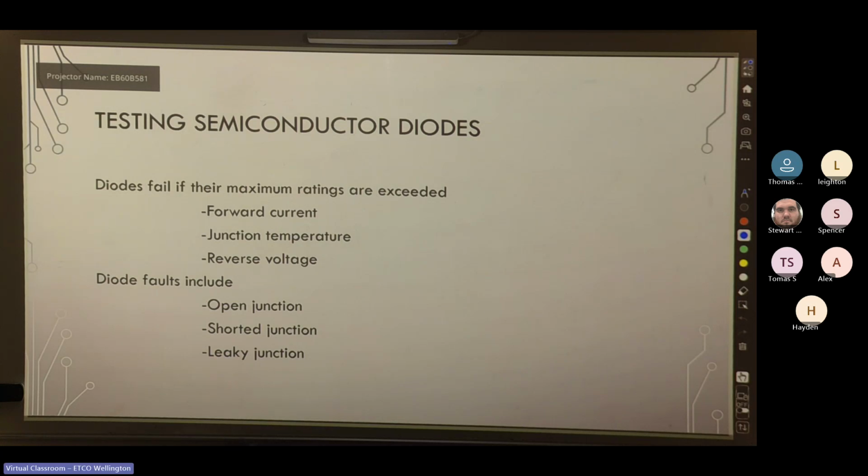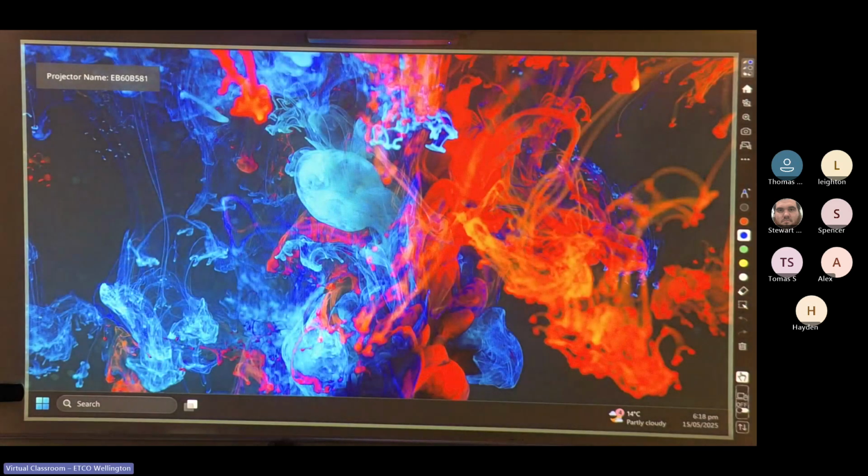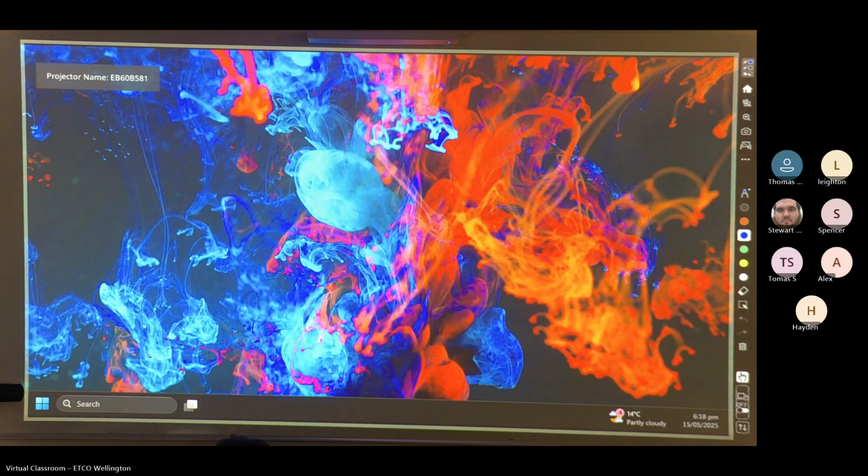Cool. So that's the PowerPoint. So now, hopefully this works. I have a document camera and I'm trying to connect it to the room.